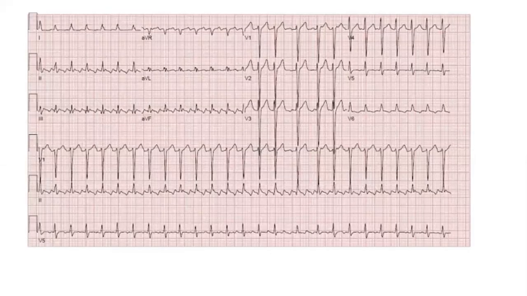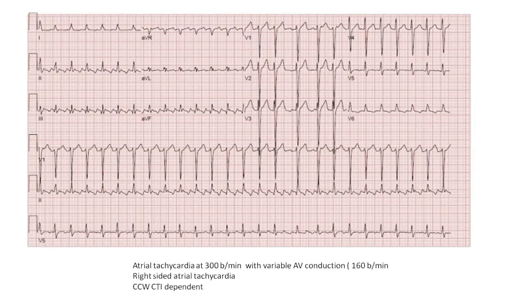So if we go over this ECG, where is this coming from? This is an irregular tachycardia. It's an atrial tachycardia with variable AV conduction. Leads 3, 2, and AVF are negative. V1 is positive. So you have to follow this P wave in V1, and if you follow it down, it is negative in lead 2.